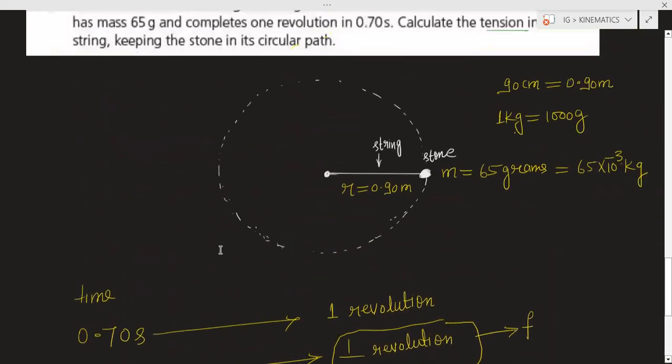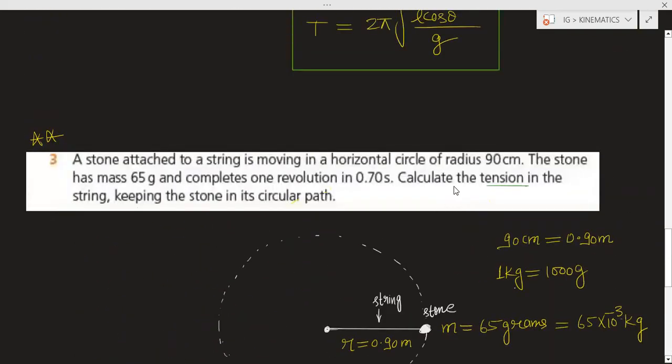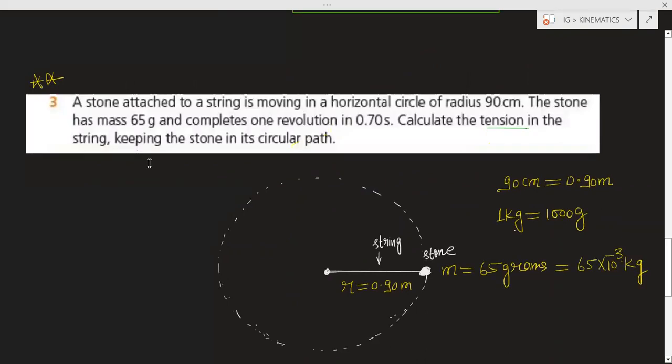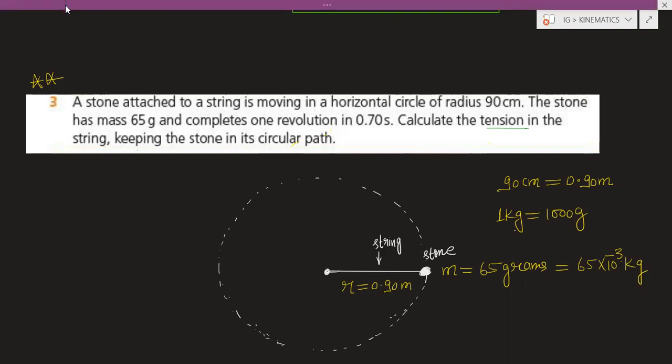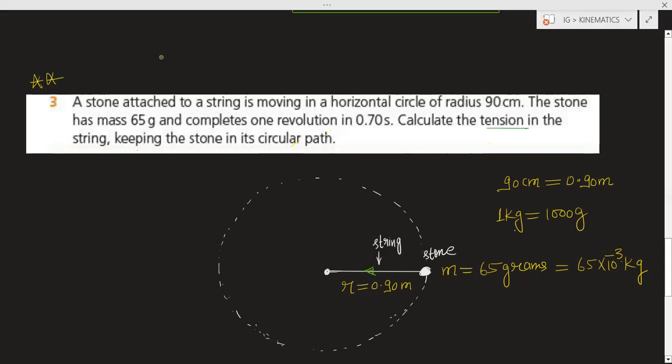They are saying calculate the tension in the string keeping the stone in the circular path. There will be some tension, T, in the string. With respect to the stone, this tension force will be towards the center.